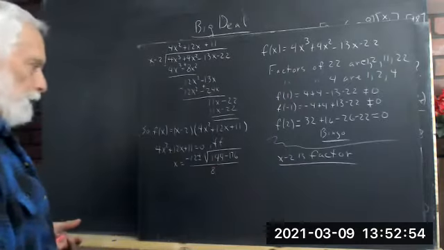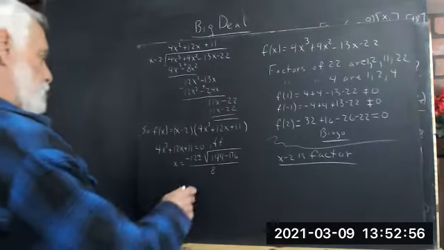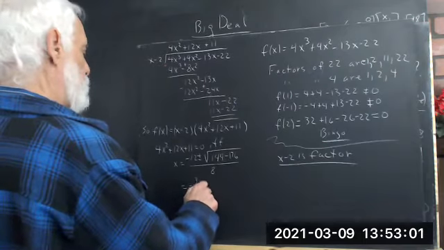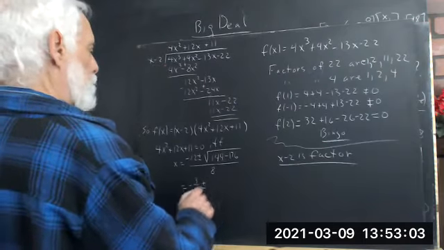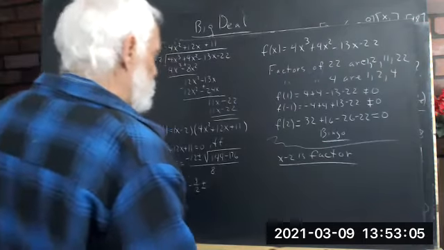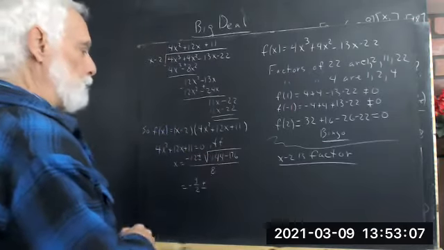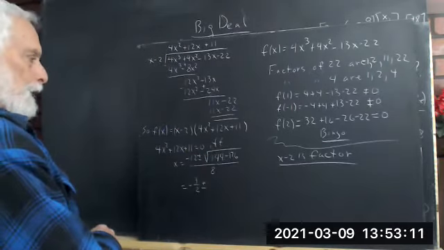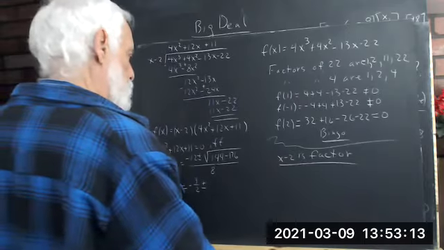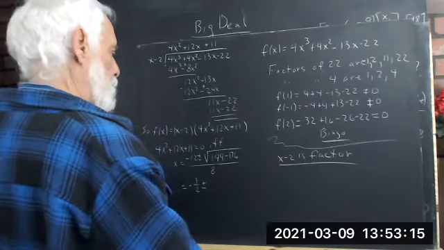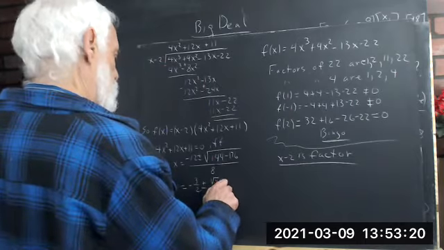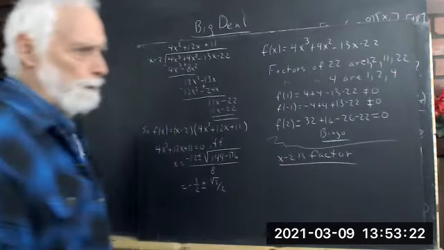And you can plug the numbers in carefully, and I could be wrong on this, but this gives me negative 3/2 plus or minus the square root of 32 over 8, but that's square root of 2 over 2, I think.